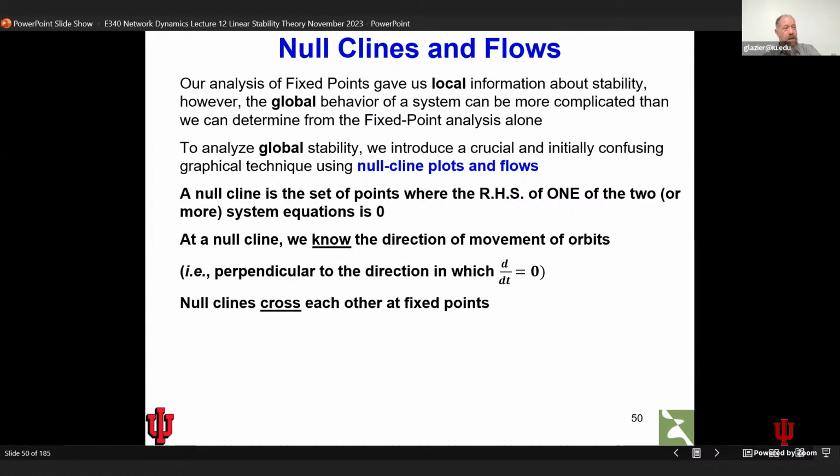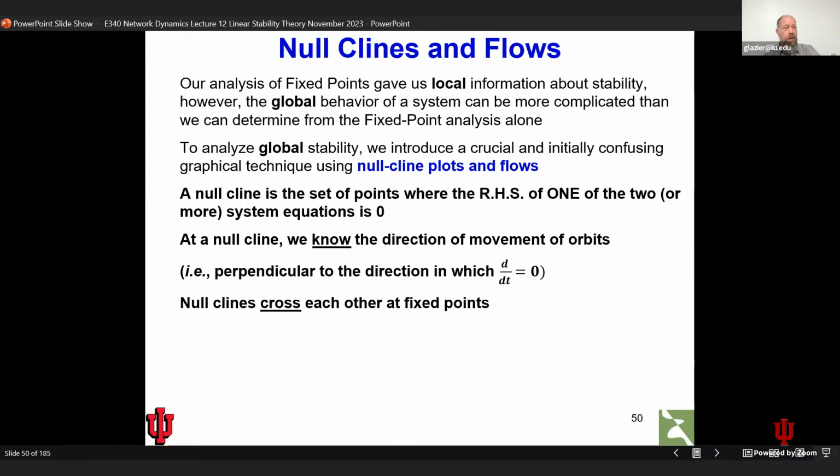To get some insight into that, we will use the thing that we've kept talking about but never really defined, which are the ideas of nullclines and flows. And we've already plotted these phase portraits of systems. One of them is in the notebook here.